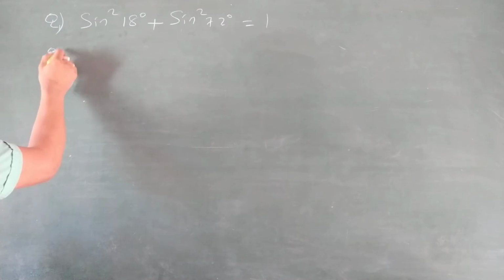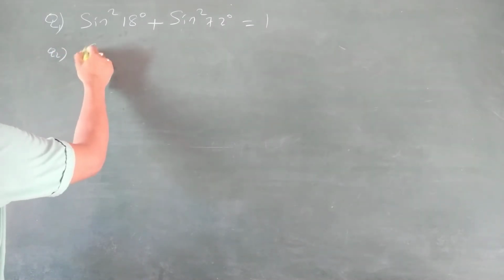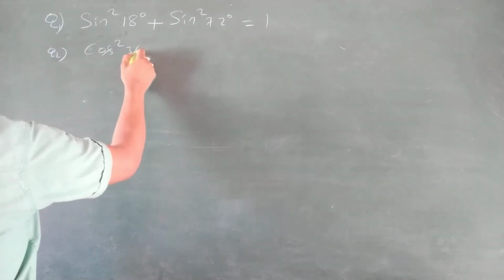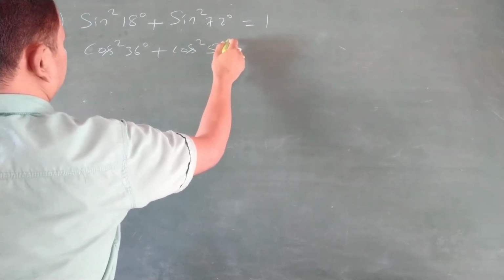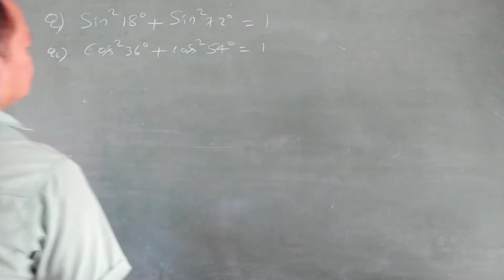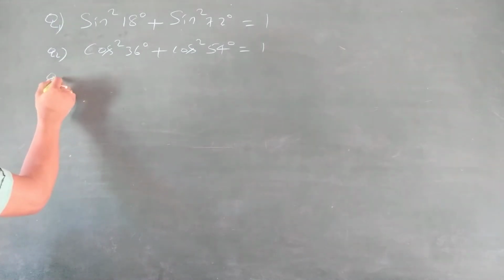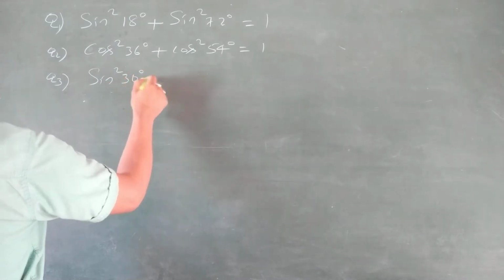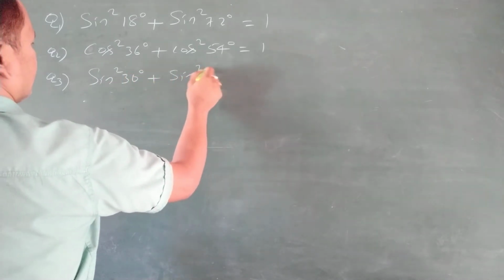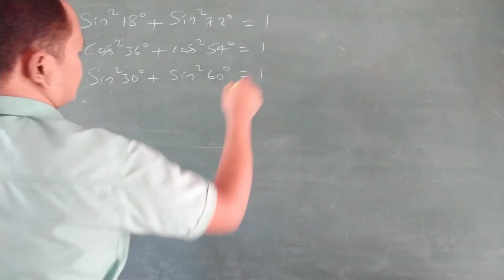And question number 2: cos square 36 degrees plus cos square 54 degrees is equal to 1. And question number 3: sin square 30 plus sin square 60 degrees is equal to 1.